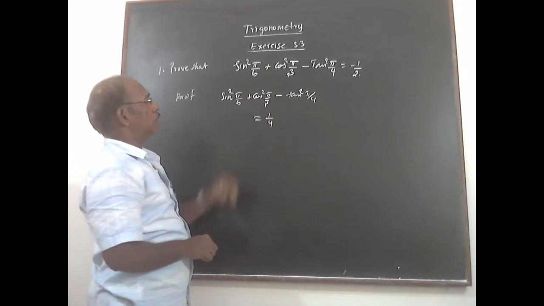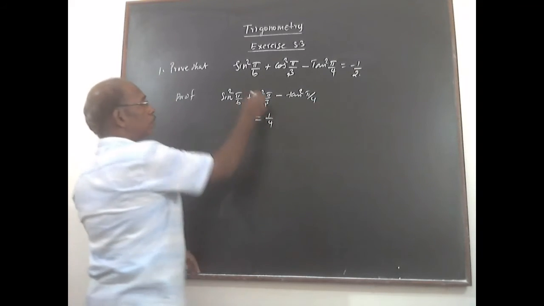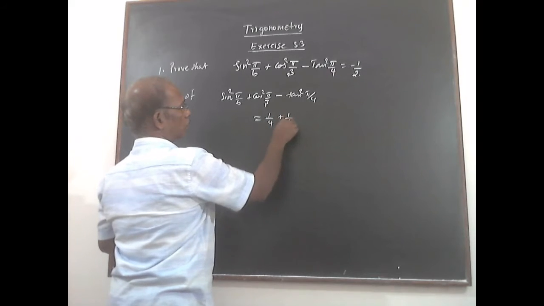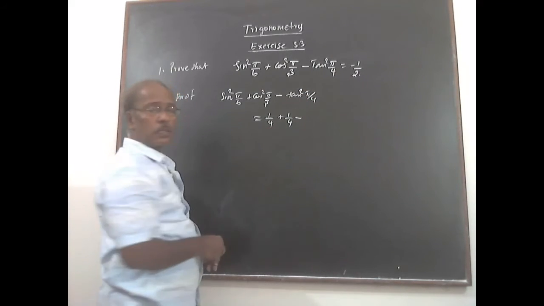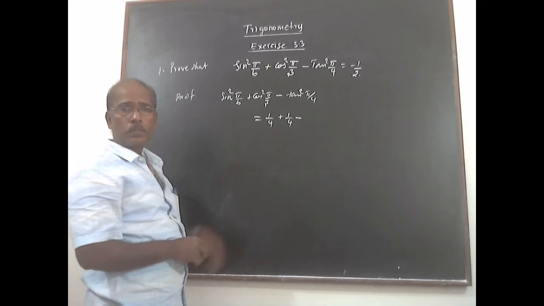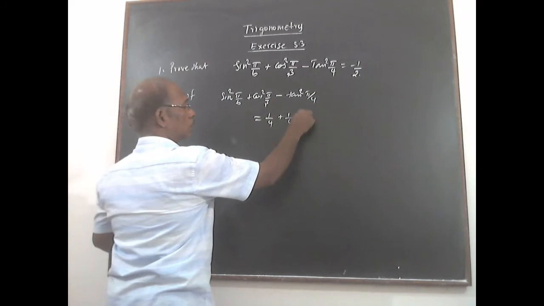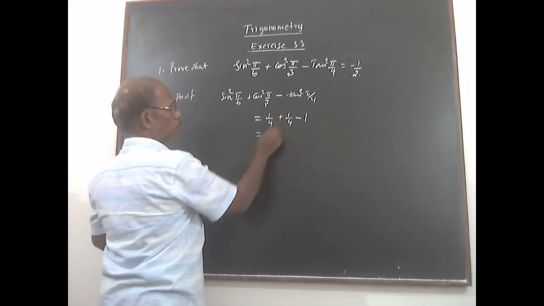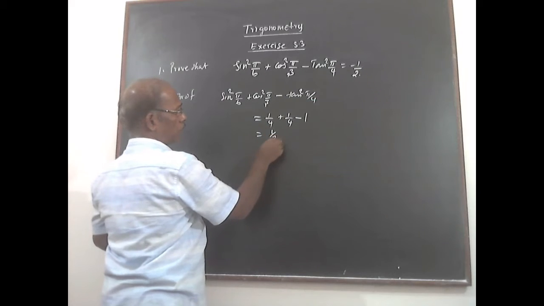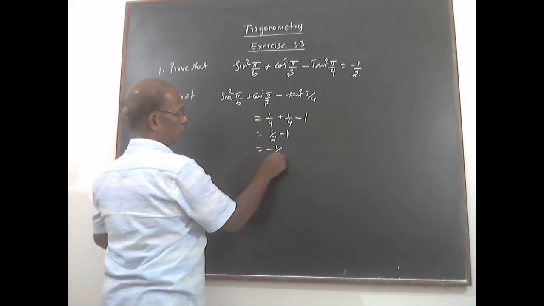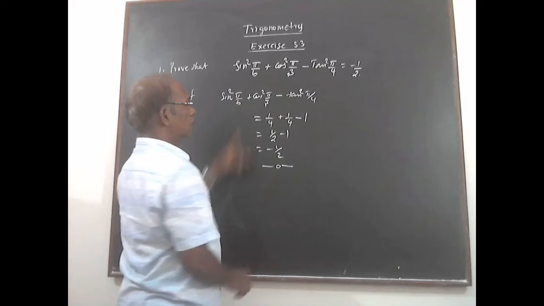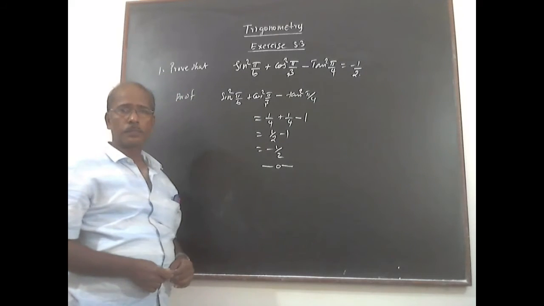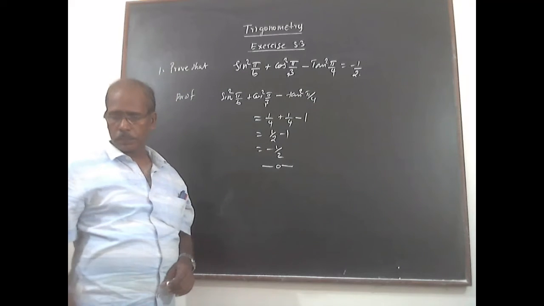Cos pi by 3 is 1 by 2, the whole square is 1 by 4. And tan pi by 4 is 1, so 1 square is 1. 1 by 4 plus 1 by 4 is 1 by 2, minus 1 is minus 1 by 2. Okay, copy this. We'll go to the next question.